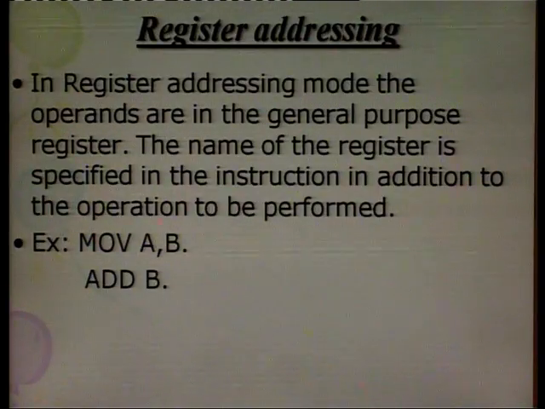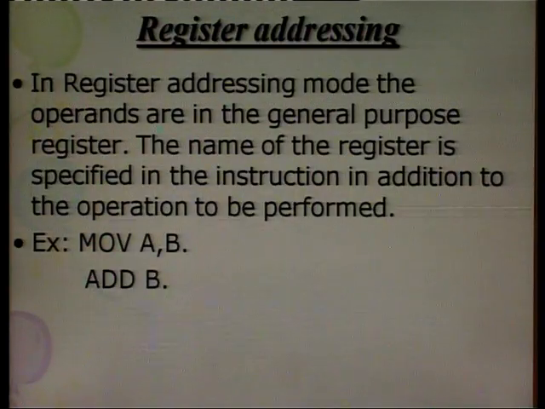The examples for this type of addressing are given here, like MOV A, B. In this instruction, we are copying the data from register B into register A. We do not know what the data is, but we are mentioning the source and destination where the data is to be copied and stored.